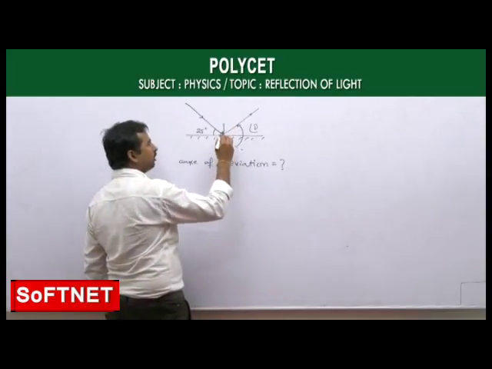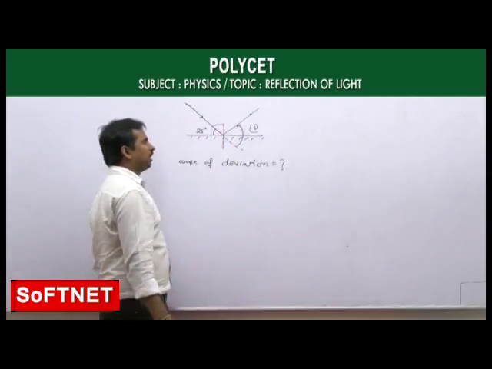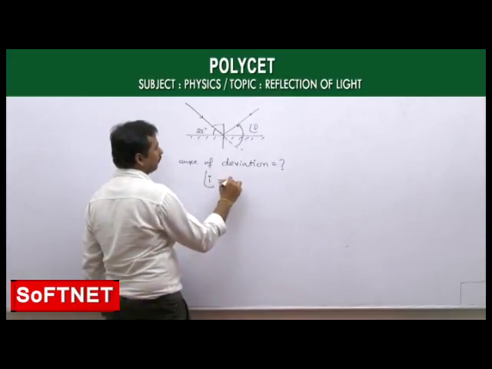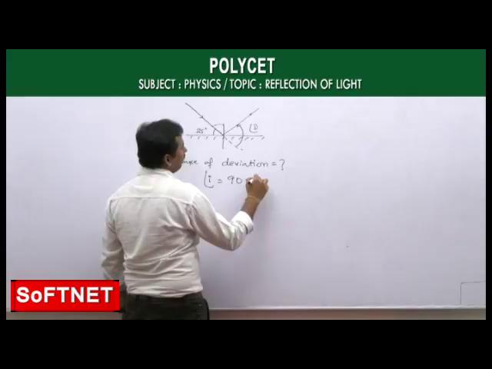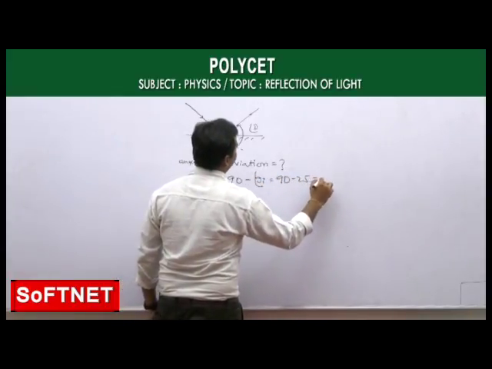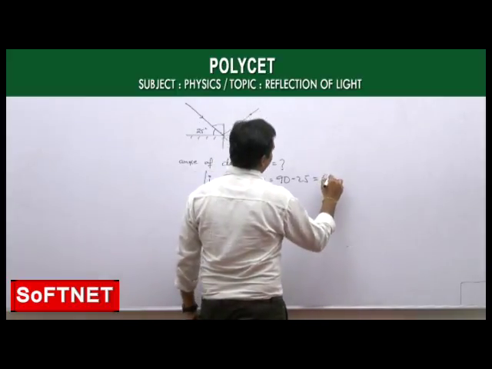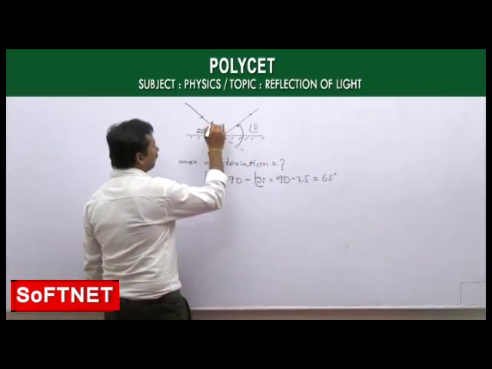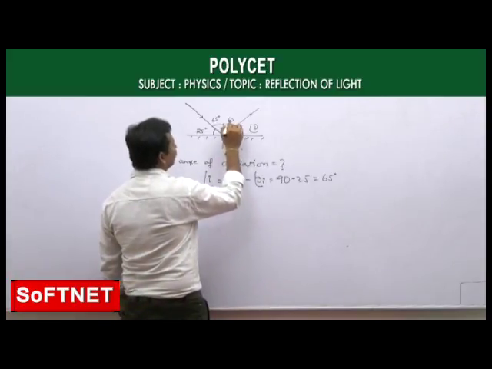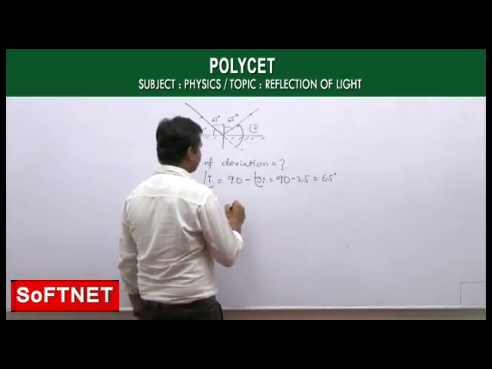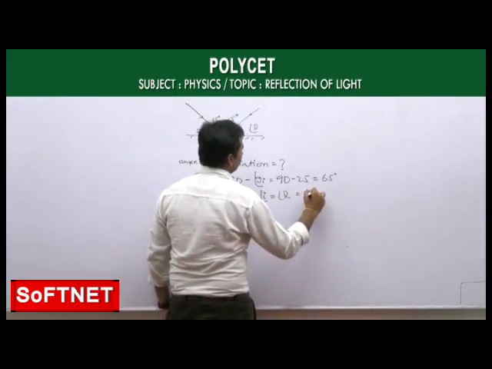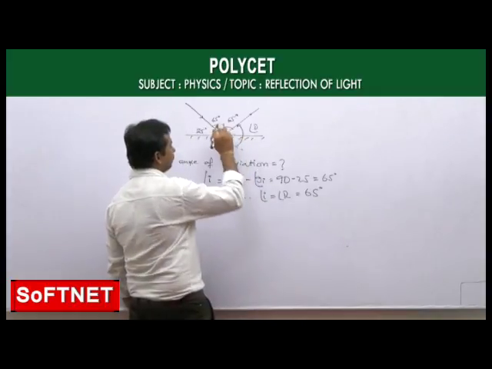Then if you take the normal, the remaining angle becomes 90 minus the glancing angle. So angle of incidence is 90 minus 25, which is 65 degrees. Then the angle of reflection also becomes 65 degrees, as angle of incidence is equal to angle of reflection.